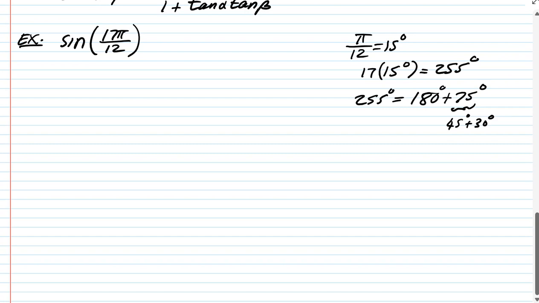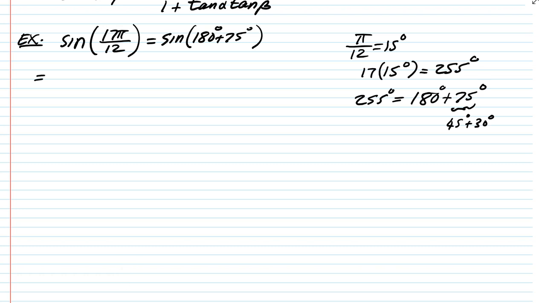We can make up 75 as the sum of two special angles. So let's do that. Then sine of 17 pi over 12, I'm going to say that's sine of, in degrees, 180 plus 75 degrees, 255.